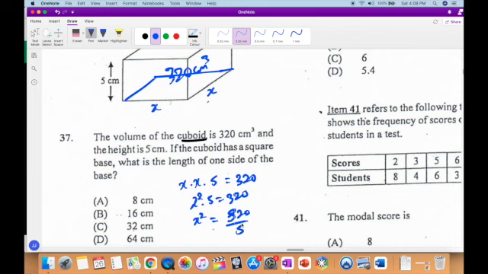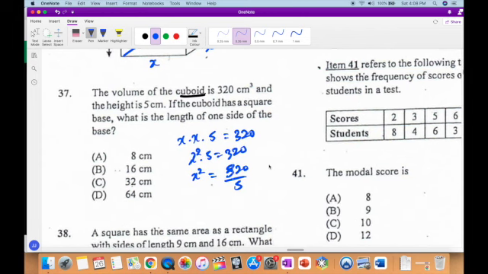Well, 300 divided by 5 is 60, because 6 5s are 30, and then I have 20 divided by 5 is 4, so the answer is 64 there. So x squared is 64, and you see they have 64 there just to tease your head, eh? But no, they wanted the length of one side of the base. So that is x, which is the square root of 64. So the actual answer is 8.